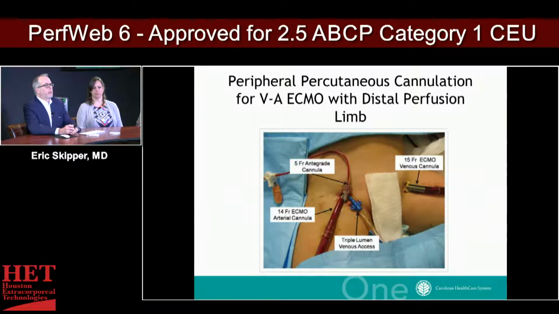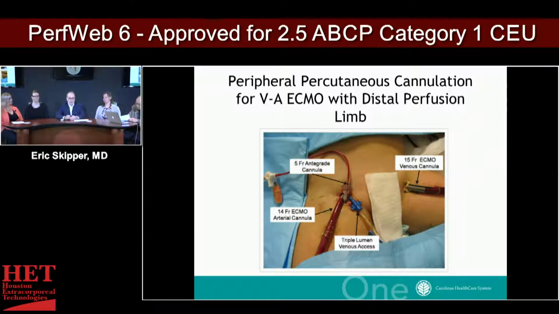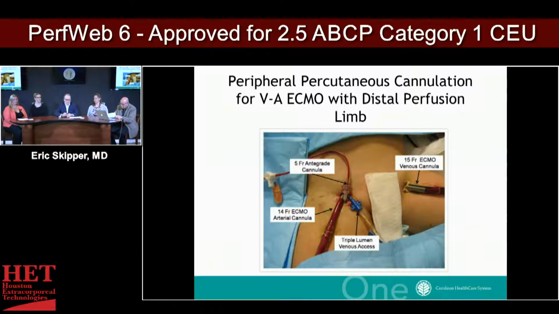What we have found is that in percutaneous cannulation for VA ECMO, bleeding is minimized, transfusions are minimized, and in the end you end up with a better chance of getting the patient through it. Same thing's true, as I alluded to, with central cannulation. If you can close the sternum, and have your cannulas tunneled, you're going to have less bleeding and fewer infection rates, a lower transfusion rate.